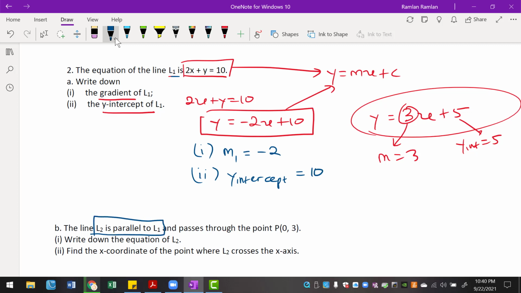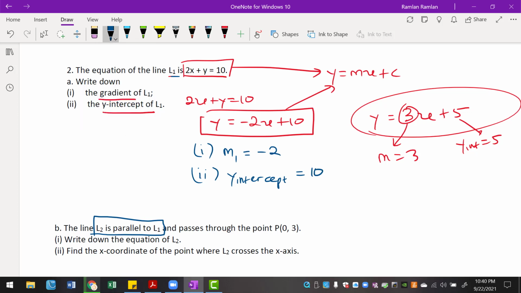As we know, if two or more lines are parallel, the gradients are going to be the same. Remember that gradient is actually a slope. If I have a slope like this and another line which is parallel, they're going to have the exact same slope value. Slope is the same thing as gradient.